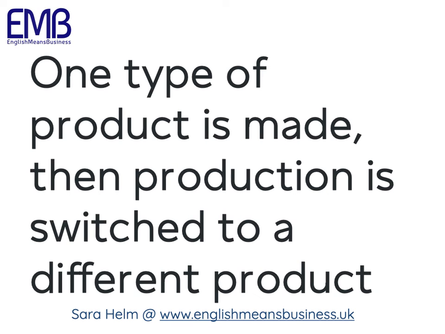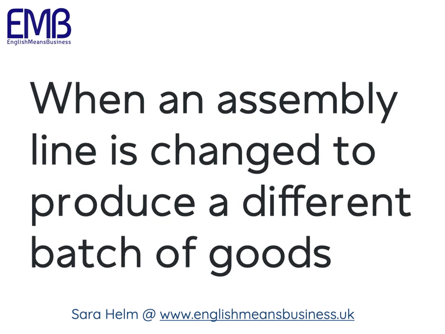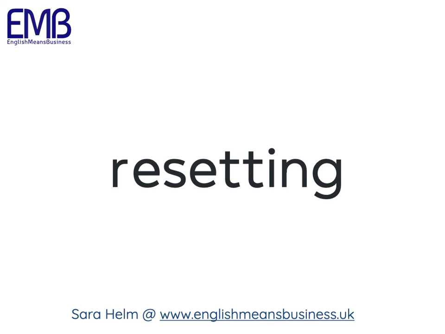One type of product is made here, then production is switched to a different product. Batch production. When an assembly line is changed to produce a different batch of goods, this action is known as resetting.